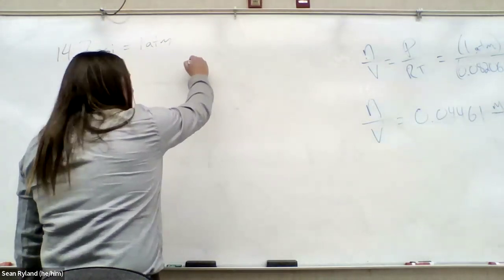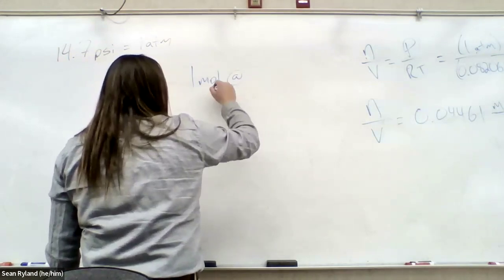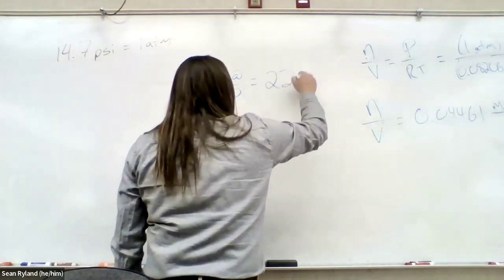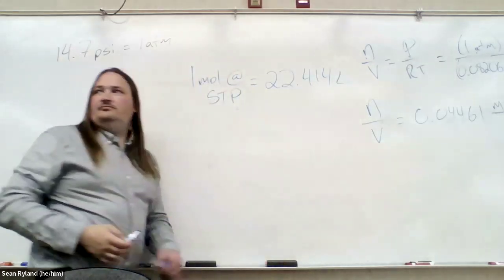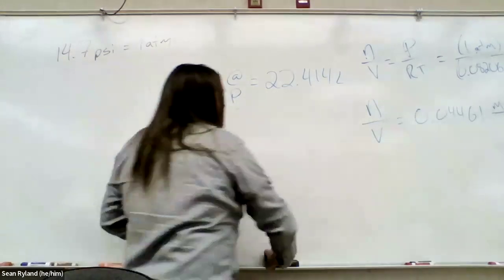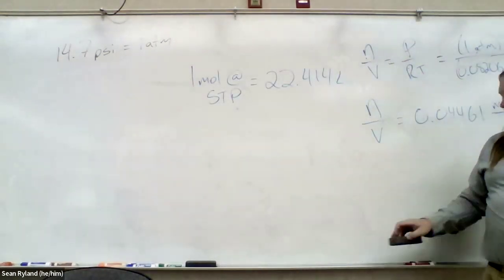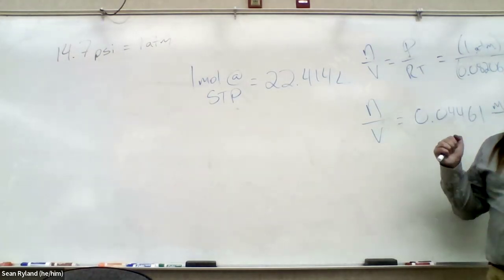It allows us to say 1 mole of gas at standard temperature and pressure is 22.414 liters. It's a rounding error in there somewhere, because this is one of those numbers I've drilled in my head. It's actually on your conversion sheet as well.